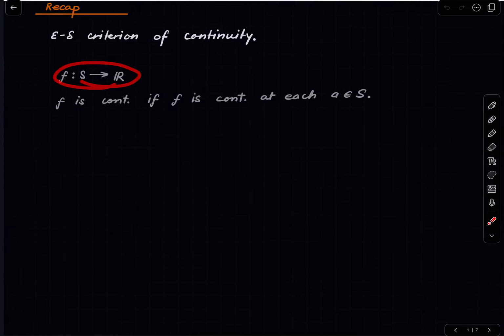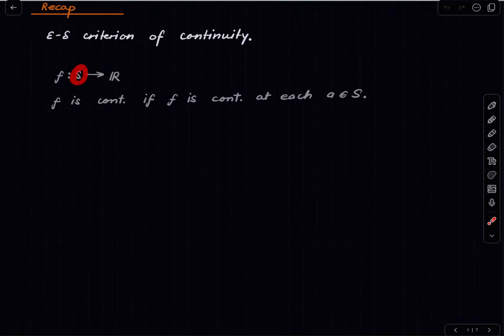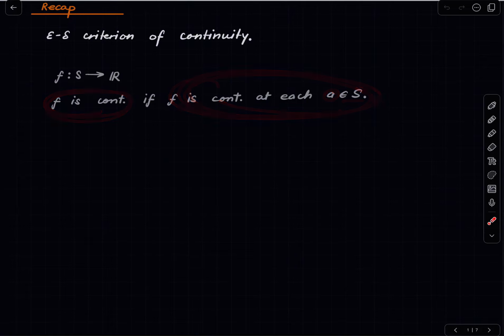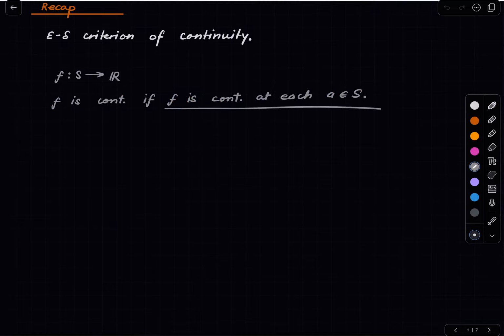Suppose we are given a function on a subset S of reals. Then by definition, f is continuous if it is continuous at every point in the domain. And what does that mean? What does it mean to say that f is continuous at a point A?